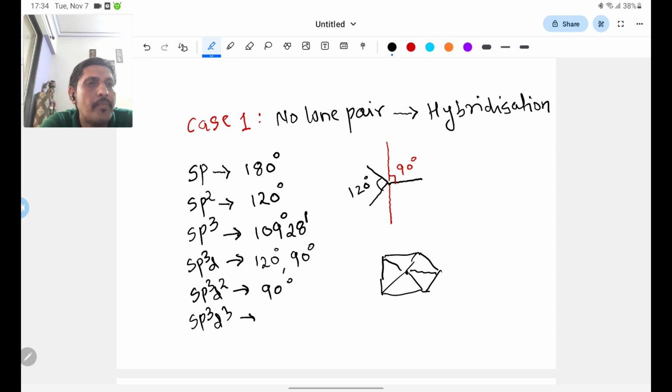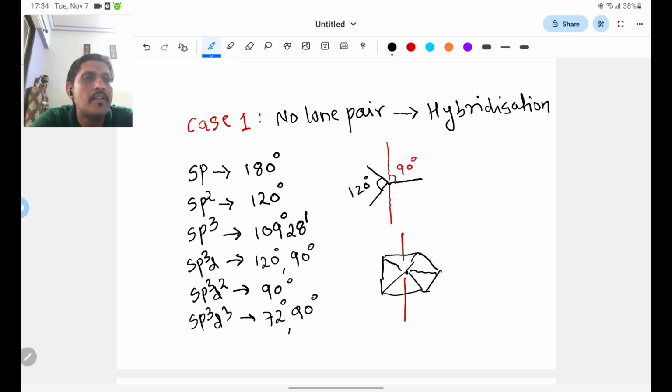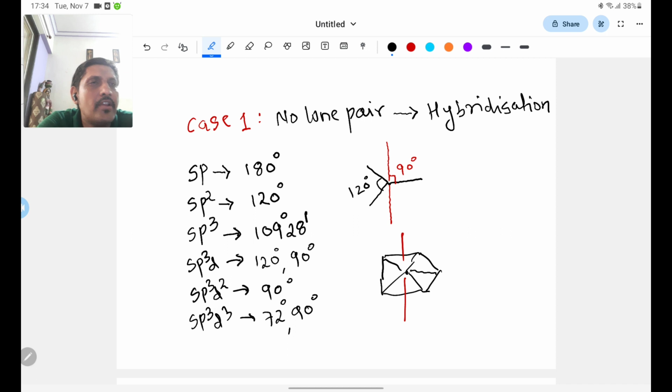In the center we have a pentagon, and then above and below the plane we have 90 degree. As 360 degrees is divided between the 5 different bonds, each angle will become how much? 72 degree, and 90-degree axial bonds. So students, as you observe, by using the hybridization, we can compare the geometry of the molecule.